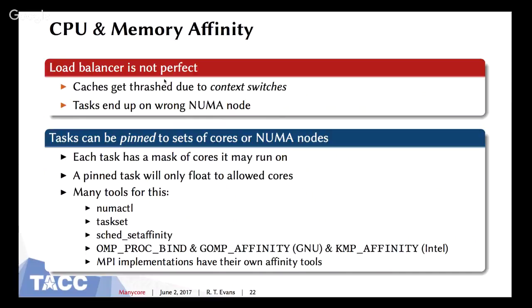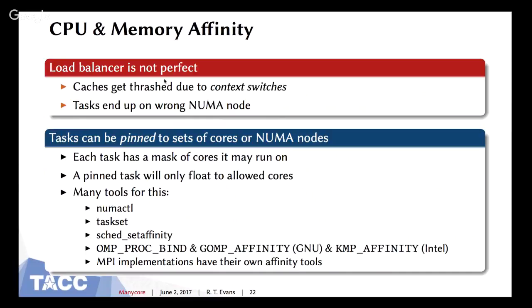And each MPI implementation has its own affinity tools, and Intel MPI, which is the default on here, is pretty good. That's why I say a lot of this you don't have to worry about, because by default the MPI version usually does the right thing. Now remember, MPI is at the process level, not the thread level.